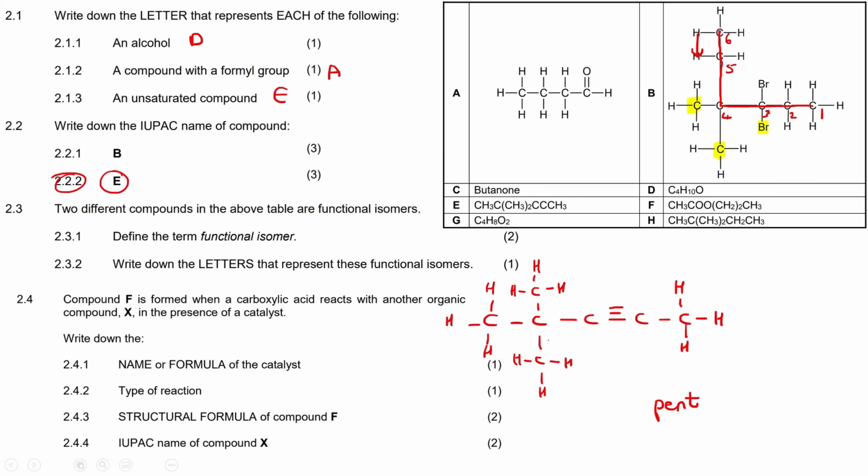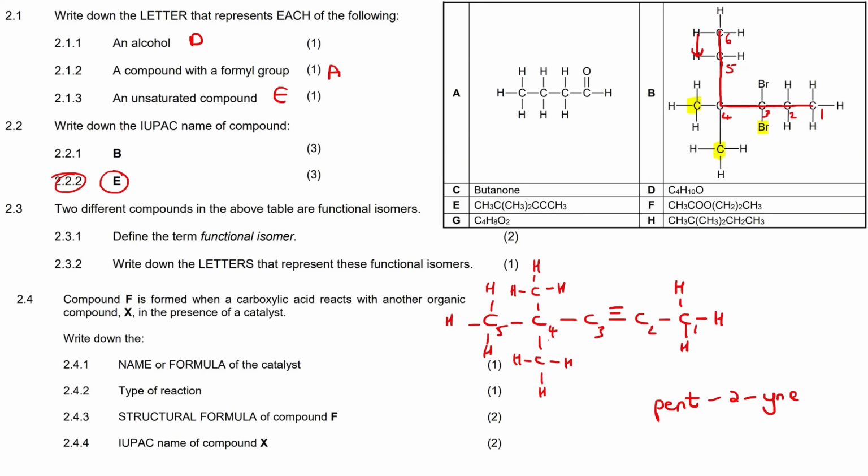You rather look at the branches. But when it's another functional group, like a triple bond, a double bond, like an alcohol, then you name it from the side closest to the functional group. So we will start our naming at carbon number 1. And on carbon number 2, we have a triple bond. So we do that. Okay, so we name from carbon 1.